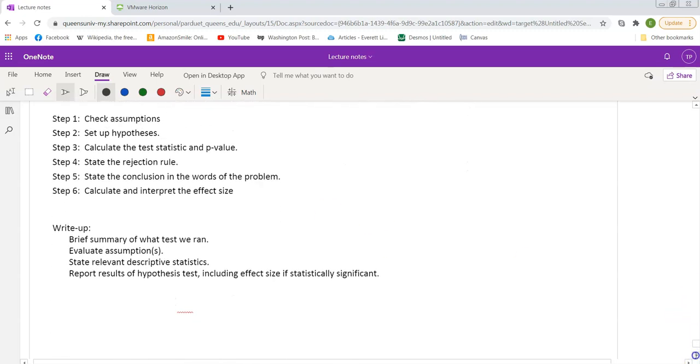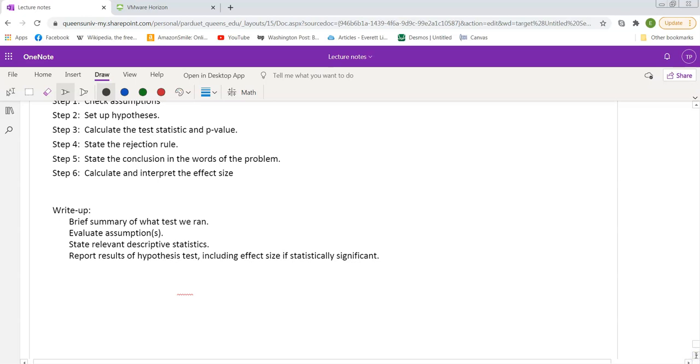Now, at the end, you're going to have to do a write-up of your test. These are the elements that you need to include. You need to start with a quick one-sentence summary of what we did. What were we trying to test and what test did we use to do it?